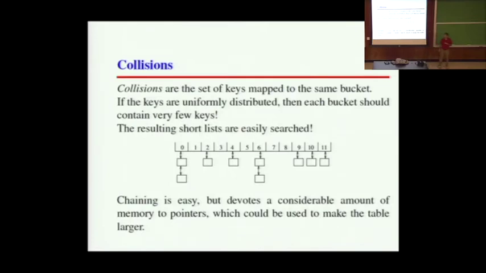So to make it work, we're going to have to talk about how we compute that function. That's kind of the most important thing. But if we have a function that will map keys to integers, the way we can build a data structure out of that is this array of linked lists.